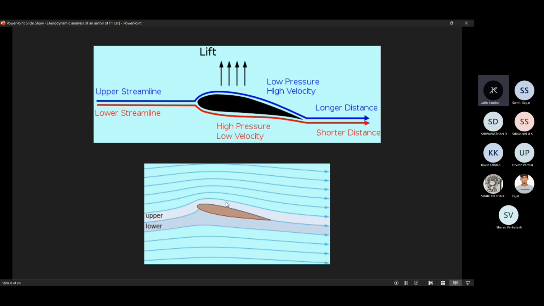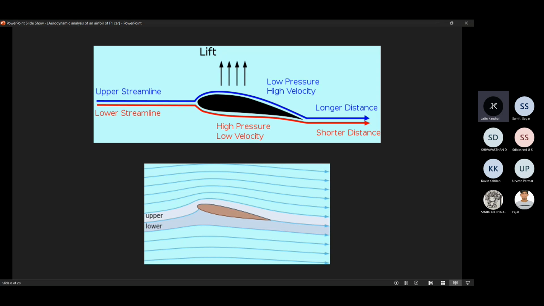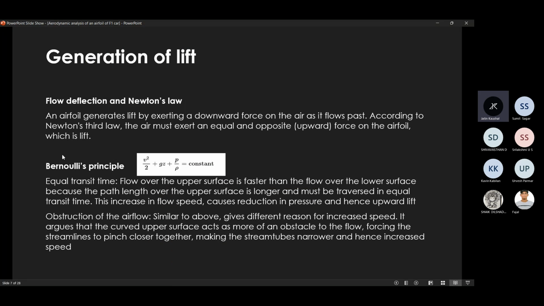And because the object is pushing the streamline of air downward, from Newton's third law, air will be pushing the object with the same force in the opposite direction. So air pushes the object in the opposite direction with equal magnitude. So that's basically it: flow deflection and Newton's law.